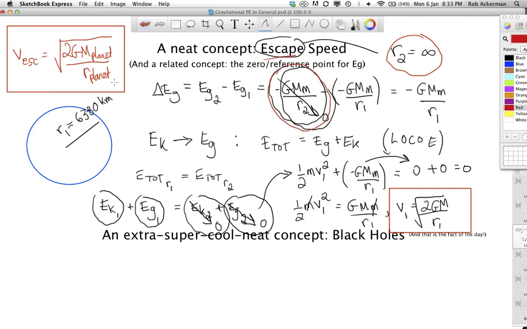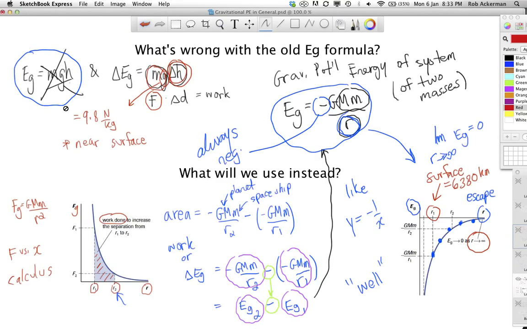And by the way, remember I said we were going to learn a related concept. The related concept is that the reference point for Eg being 0 is at infinity. Remember back in grade 11 when we studied the old version of the formula for Eg, where was the reference point? It was wherever you wanted to make h equals 0, usually on the surface of the planet.